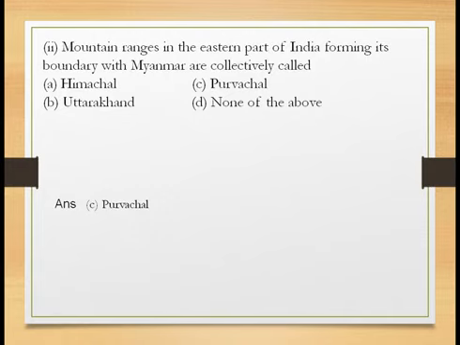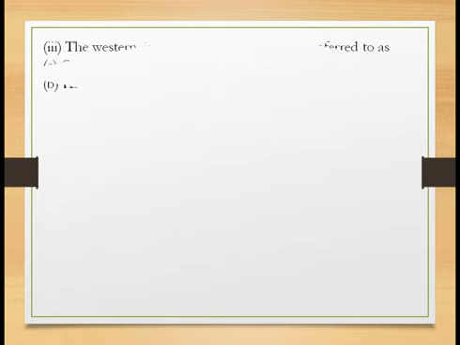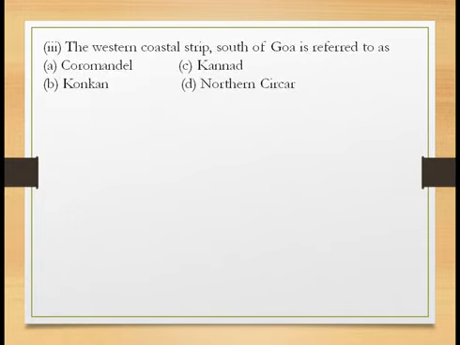Moving to the 3rd question. The western coastal strip south of Goa is referred to as? Every time the children make mistakes here. First, we will see the options: Coromandel, Konkan, Kannada, and Northern Sarkars. Coromandel and Northern Sarkars will not come because they are on the eastern coastal strip.